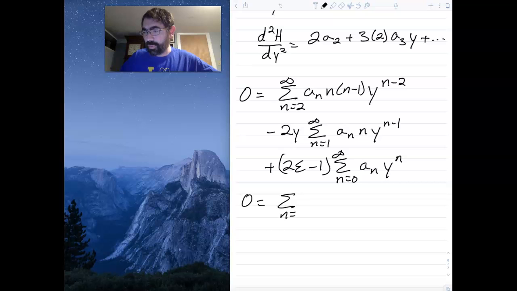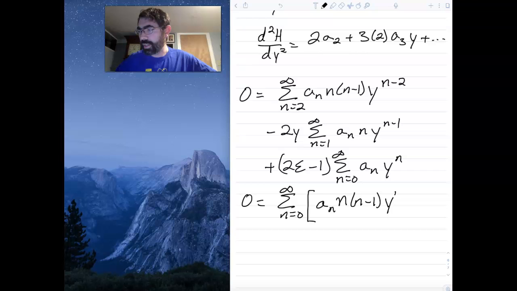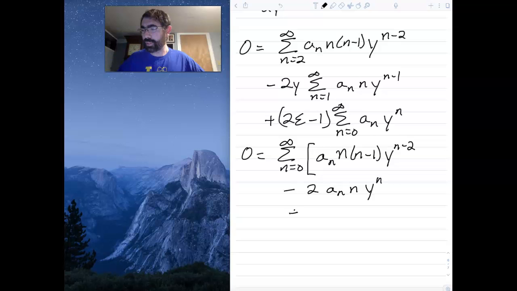Therefore I have the sum from n equals 0 to infinity of a_n n(n minus 1) y to the n minus 2, minus 2 a_n y times y to the n minus 1, which gives me just y to the n, and then the last term is plus 2 epsilon minus 1 a_n y to the n.